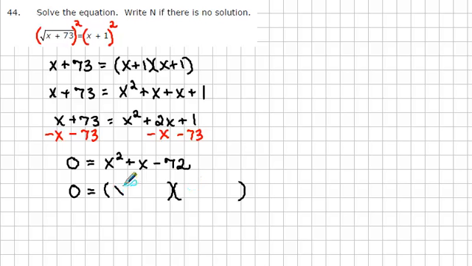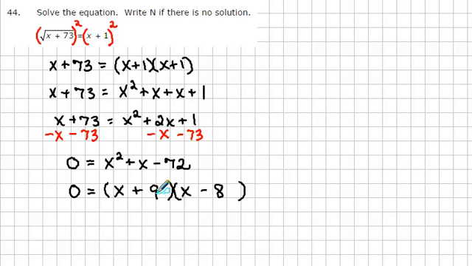That would be x and x. x times x gives us x squared. And then we want to think of the factors of negative 72 that add up to 1. Well, 9 times negative 8 is negative 72, and 9 plus negative 8 is 1. So one of our factors will be x plus 9, and the other factor will be x minus 8.